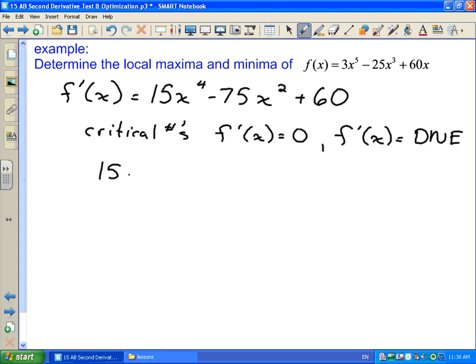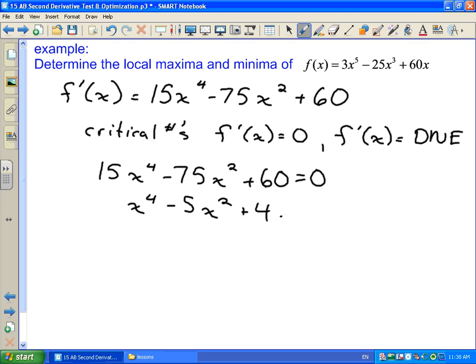So we set this thing equal to 0, and we start to solve. Let's see, how can we solve this? Well, we can divide through by the 15 to get x to the power 4 minus 5x squared plus 4 equals 0. And then we can factor this.